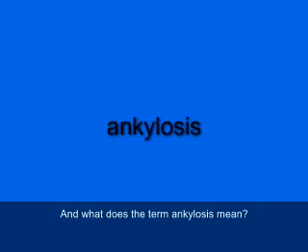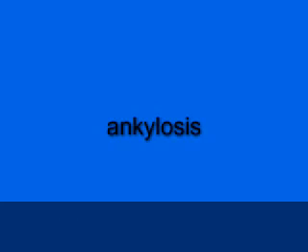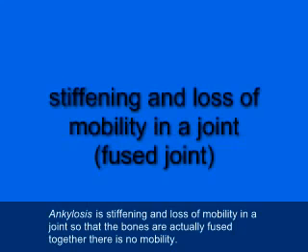And what does the term ankylosis mean? Well, ankylosis is stiffening and loss of mobility in a joint so that the bones are actually fused together. There is no mobility.